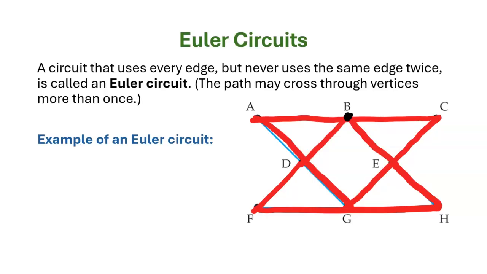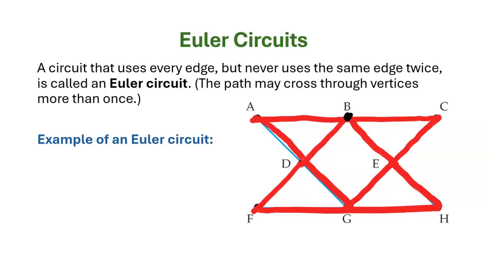So this diagram shows you that this graph actually has an Euler circuit because I was able to travel all of the edges without repeating an edge. So I use different ones. And it's a circuit because I started at B and I ended at B. Notice that I passed through multiple points more than once.